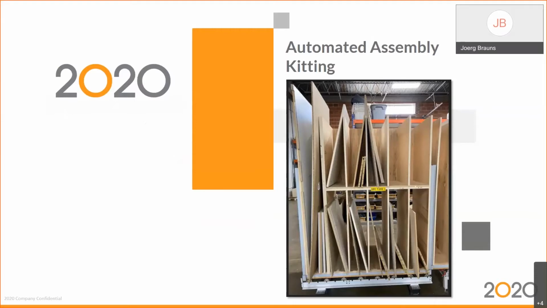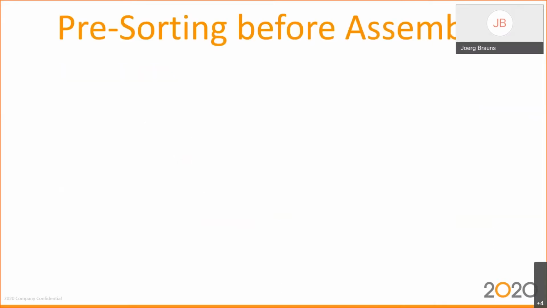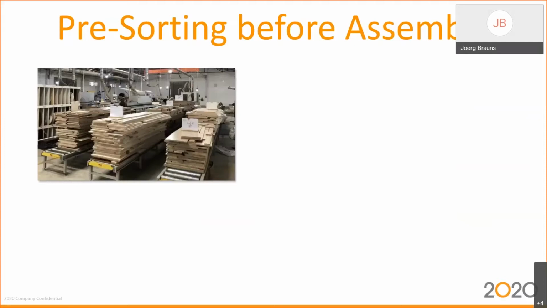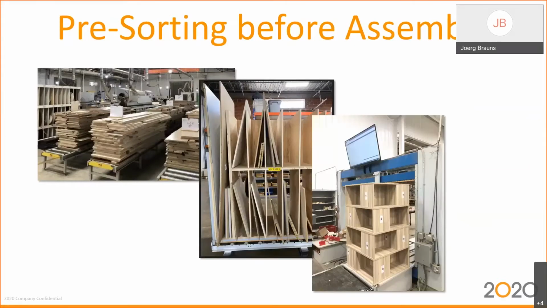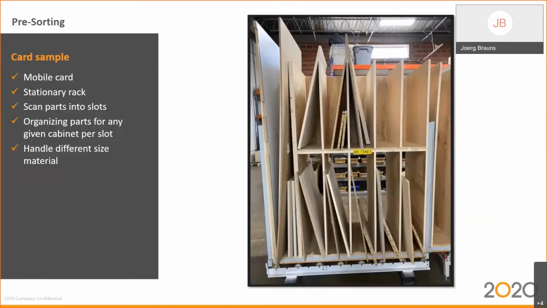What we see lately on the pre-sorting side, before we come to the assembly line, is that a lot of parts are being cut. We want to organize them in a certain way so that we can build the cabinets or the furniture later based on this. For the pre-sorting side, we came up with the idea, and it's actually practice in a lot of companies already, that it's guided now, that you have different types of storage.